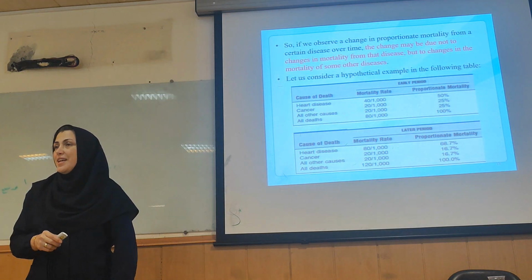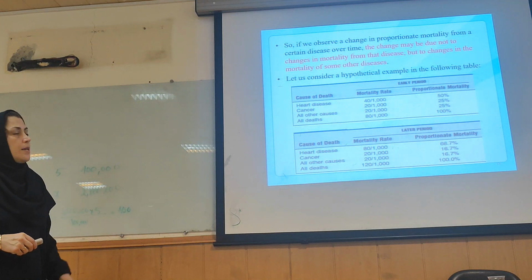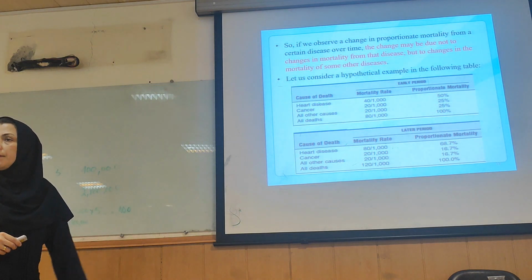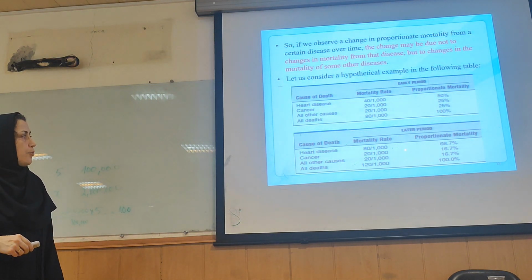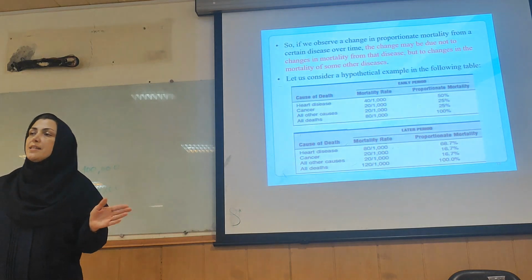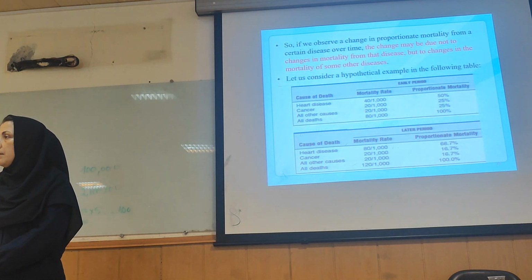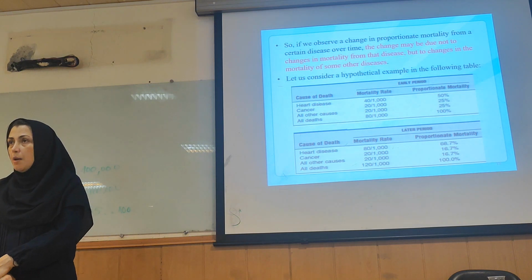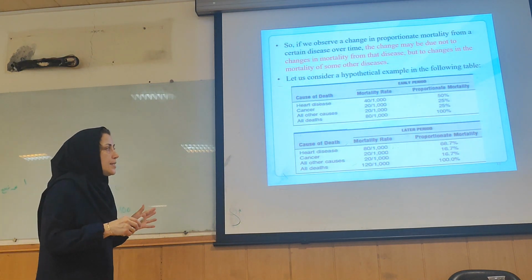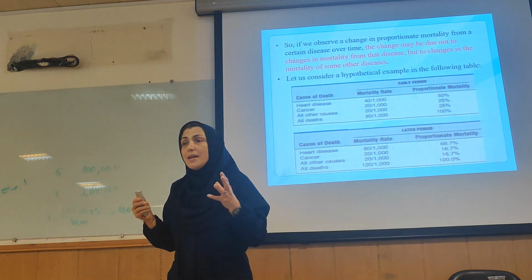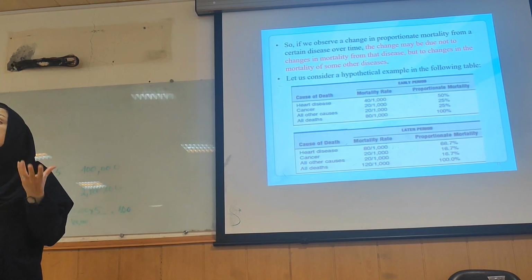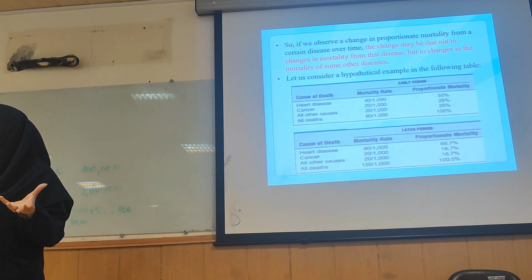You cannot say that, oh, the situation in our country is better because the proportionate mortality of cancer has decreased. You cannot say this sentence. Why? Because proportionate mortality cannot say anything about the situation of a disease, about the risk of a disease.